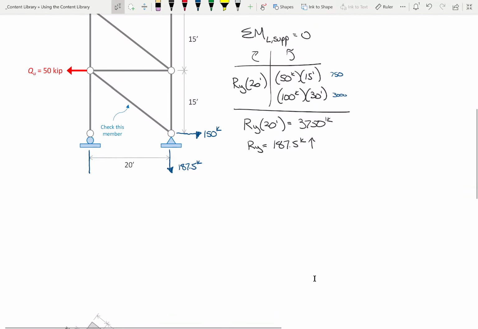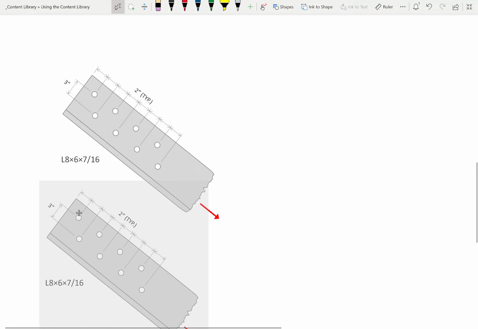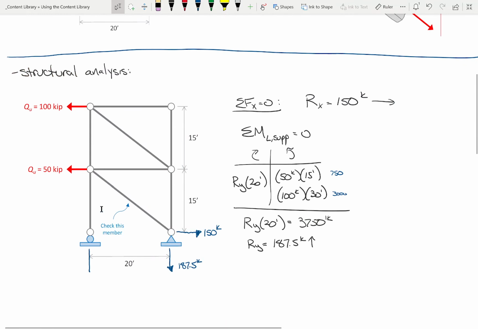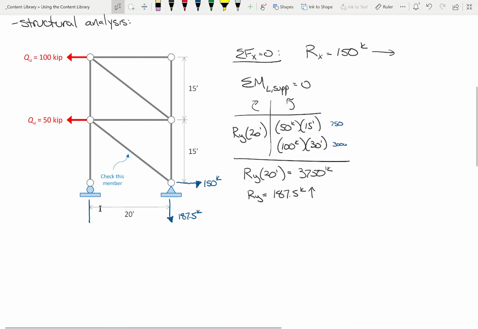All right. Let me drag this down a little bit. Okay. So now what I'm going to do is a method of joints analysis. Before I do that, though, is everybody comfortable with this? Okay.